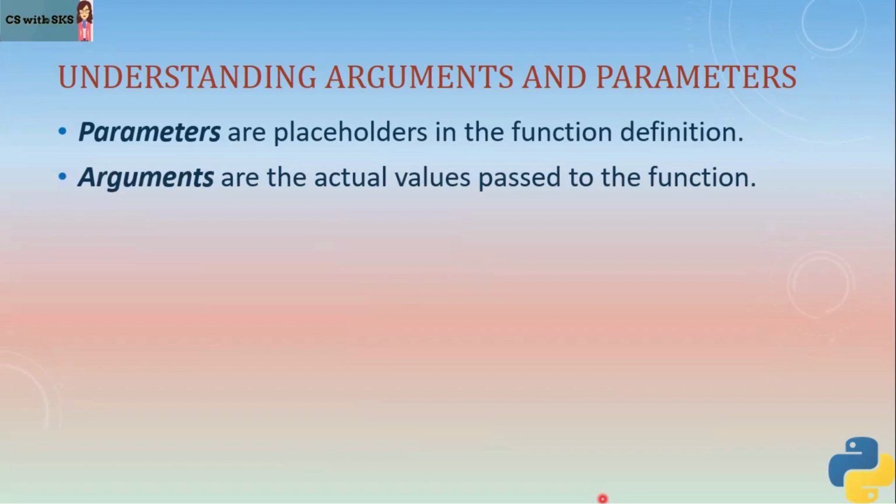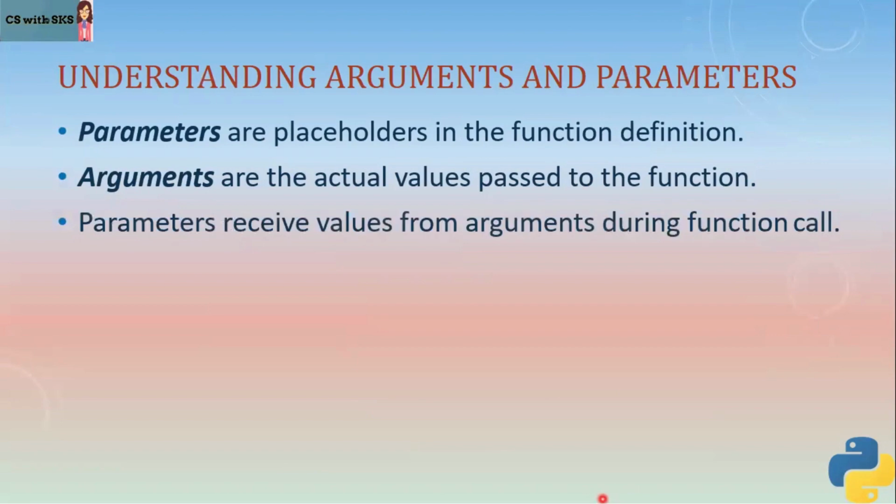When you define the function, you put whatever parameters that function can take. However, when you call a function, you provide values to those parameters. So parameters are the placeholders and arguments are the actual values which will be passed to the function, right?